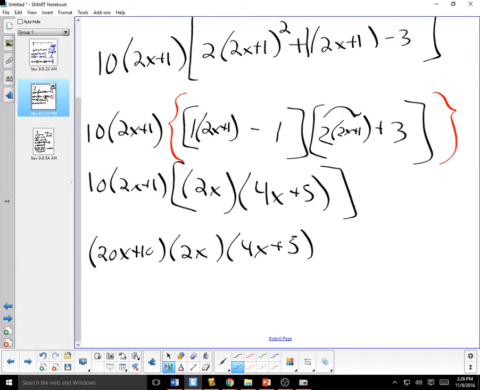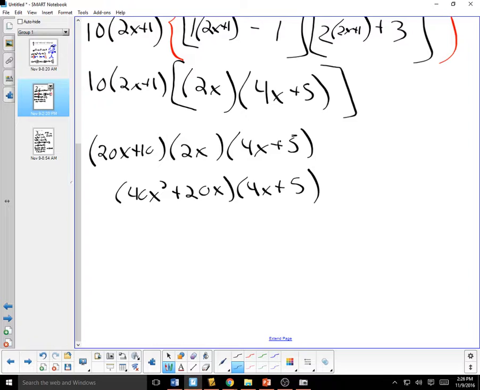Now, noticing that that's an even number, I'm going to put it back into this problem, back right in here. That's going to give me 40x squared plus 20x, 4x plus 5. Cool there?